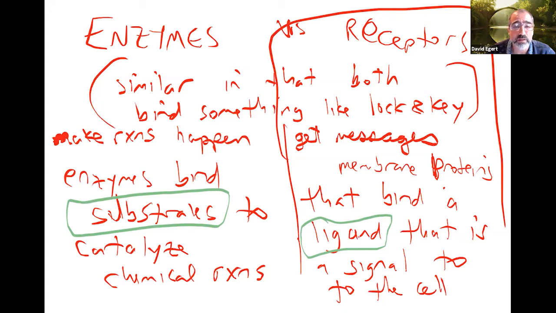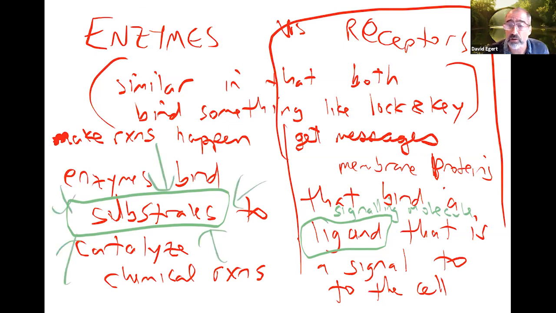That's the most common way to use the word ligand, a signaling molecule, which then actually detaches and is ready to go again, usually. The substrate usually is going to be irrevocably transformed as a result of whatever chemical reaction is happening by the enzyme.